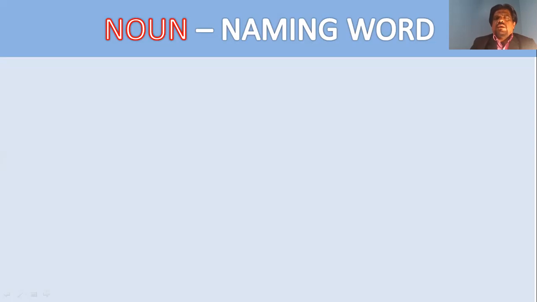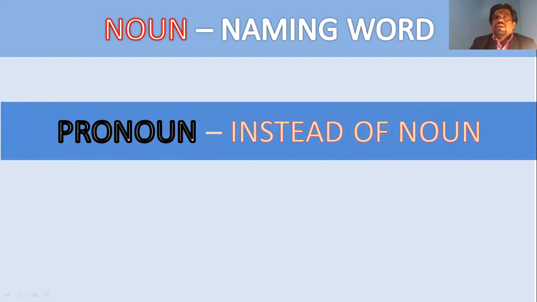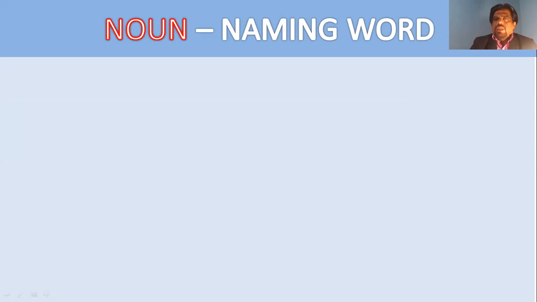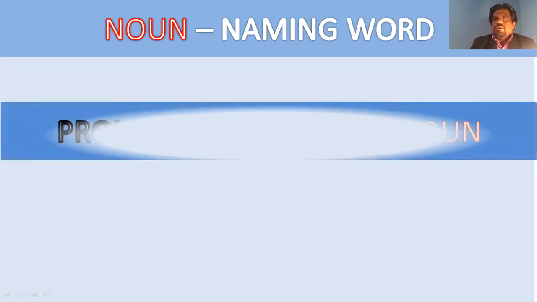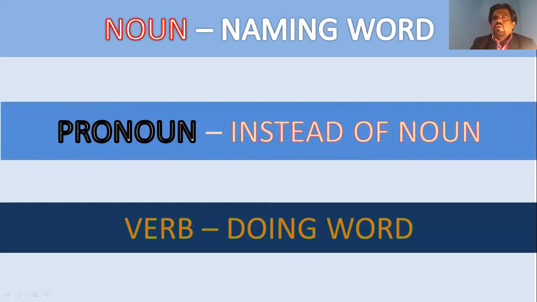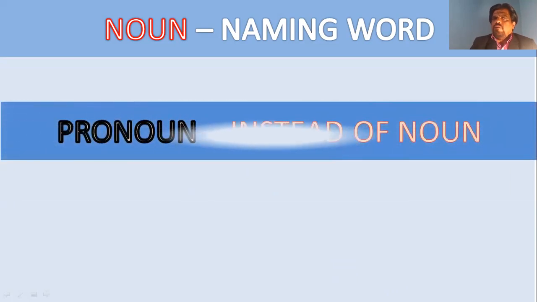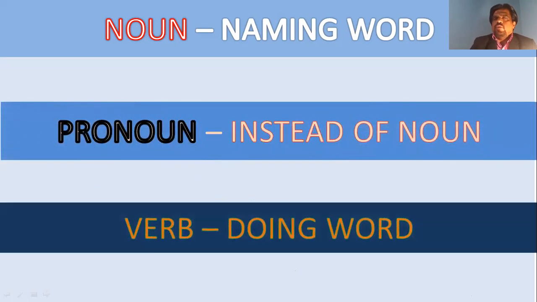The first one, noun. Simply you could remember a naming word. Noun is the naming word. Then pronoun, instead of noun, and then verb, doing word. Noun, naming word, pronoun, instead of noun, verb, doing word.